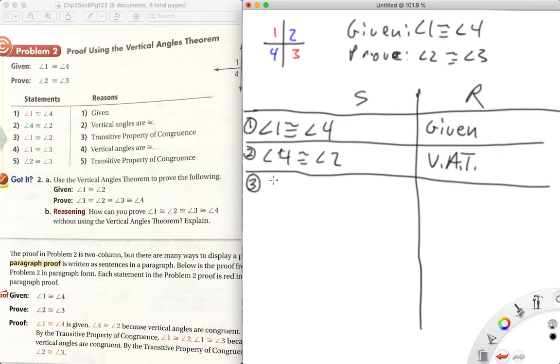Okay? If 1 is congruent to 4 and 4 is congruent to 2, remember these 4's can cancel out, right? I can cancel out these 4's. And I can say, hey, 1 is also congruent to 2.